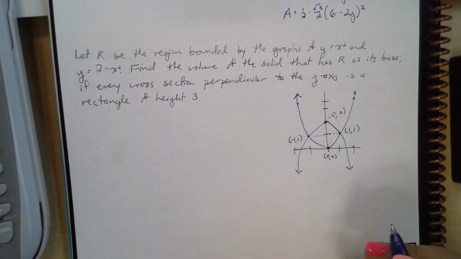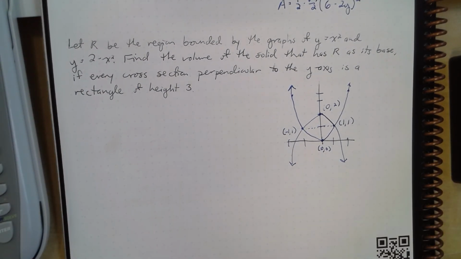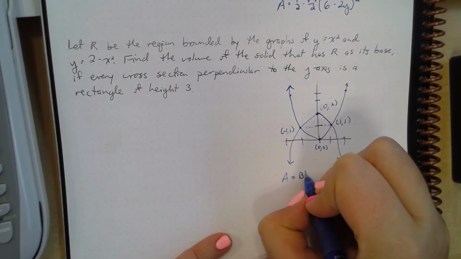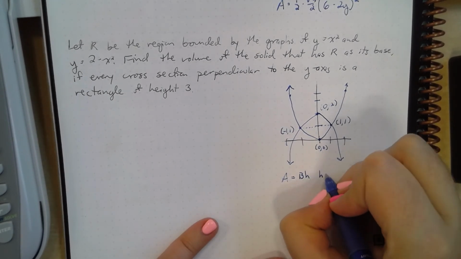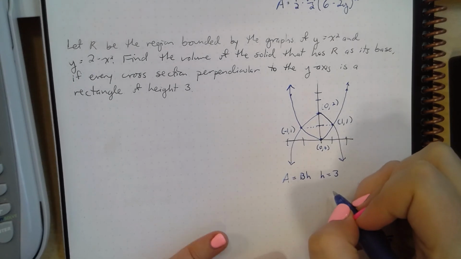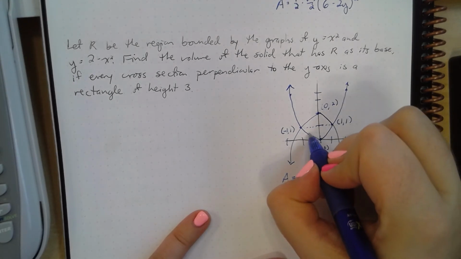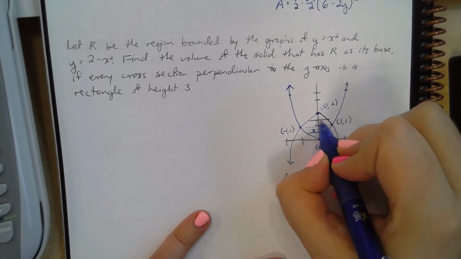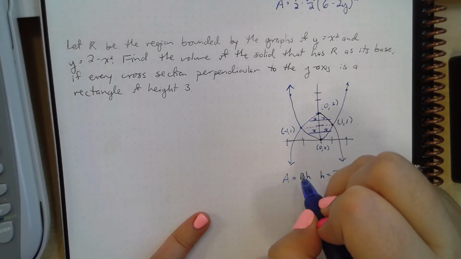So what are our bases here? Well, we're using rectangles. What is a rectangle of height 3? So the area of a rectangle, of course, is equal to base times height, and in this situation, height is equal to 3. Well, what's the base? Our base here is going to be x and x, and our base here is going to be x and x, okay?